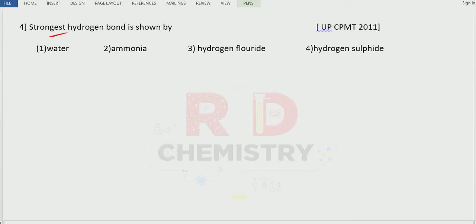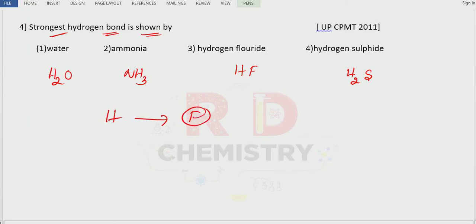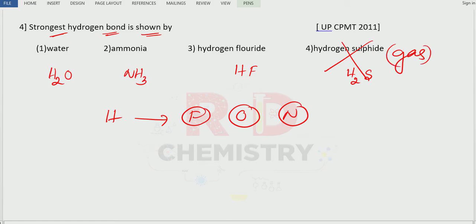Question number 4. The strongest hydrogen bonding is shown by water H2O, ammonia NH3, hydrogen fluoride HF, and hydrogen sulfide H2S. Remember, hydrogen must be attached to either a fluorine, oxygen, or nitrogen atom. Hydrogen sulfide cannot form hydrogen bonding, therefore it exists as a gas.